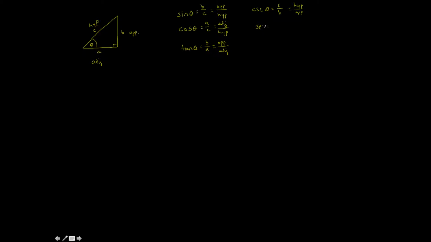Secant is going to be your reciprocal of cosine, which is your hypotenuse over your adjacent. And cotangent is going to be the reciprocal of your tangent, which is your adjacent over your opposite.